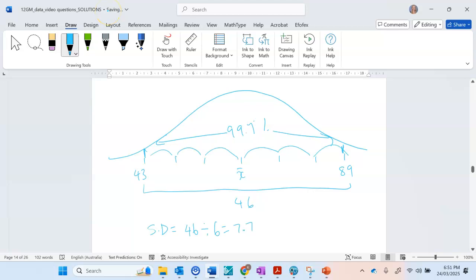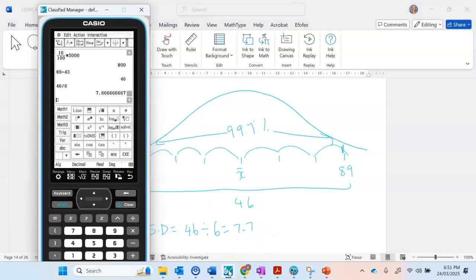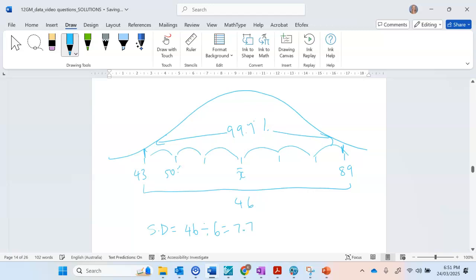I wish when they did questions like this, they were actually whole numbers, but anyway. That means we're going up by 7.7 each time. So if I start at 43, and we're going to add 7.7, that's going to be our next point, so that's going to be 50.7 here.